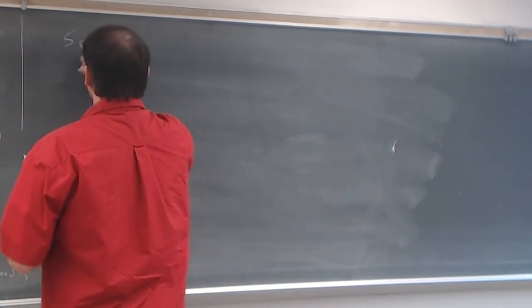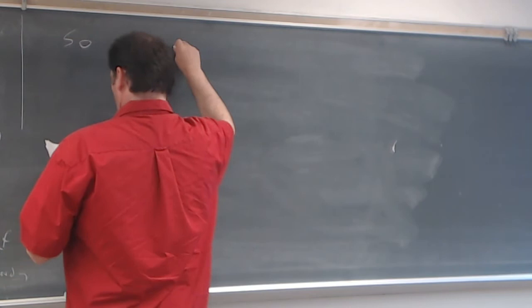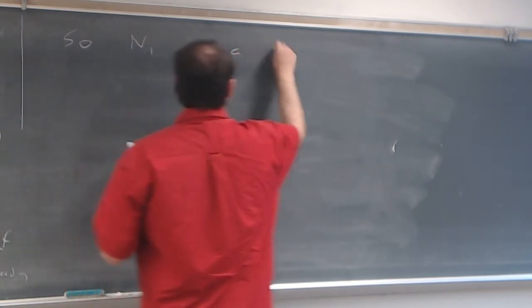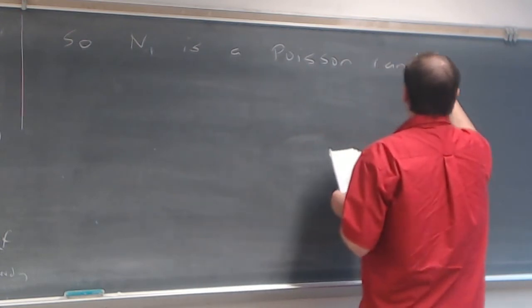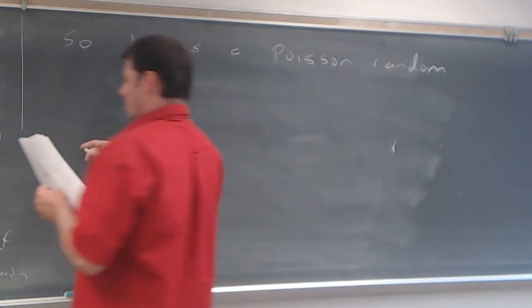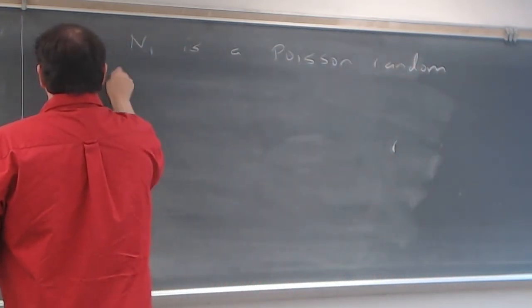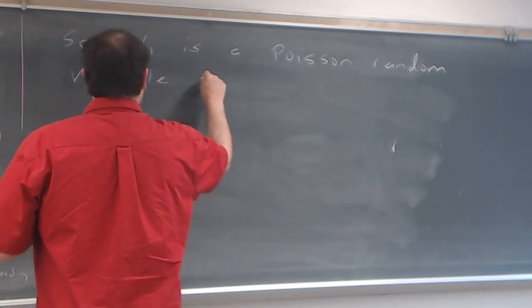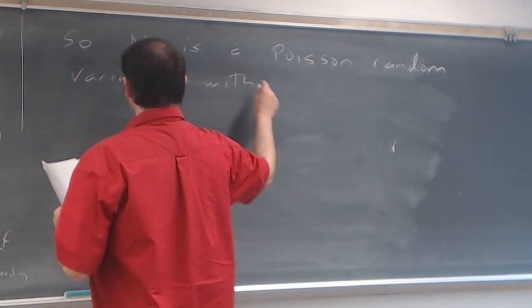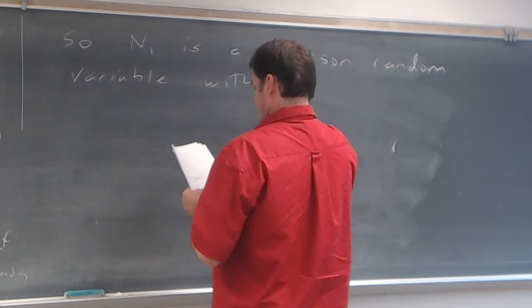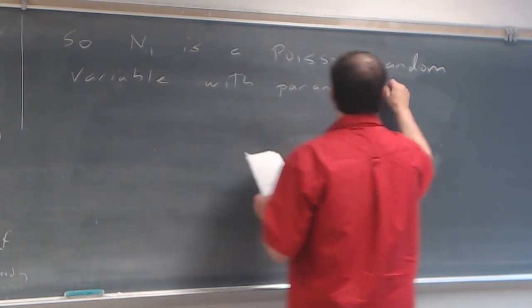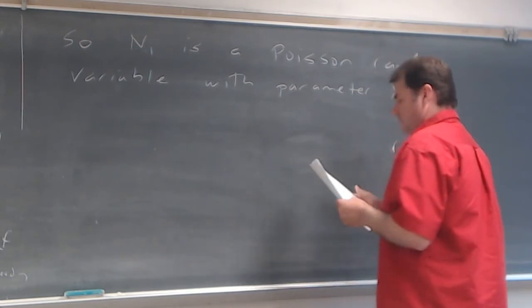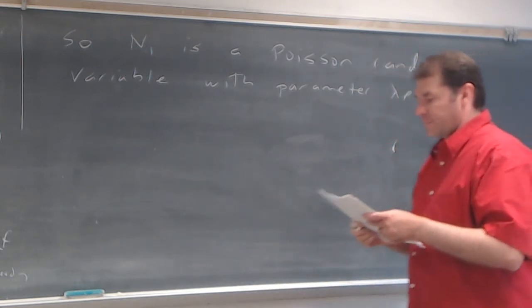So N sub 1 is a Poisson random variable with parameter lambda p.